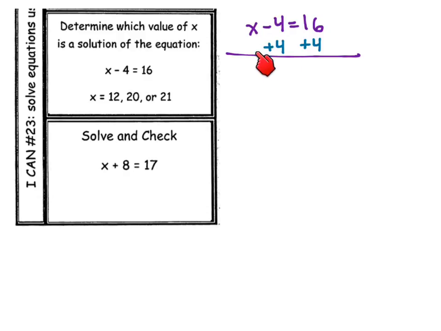Nothing is happening to x. I have no like terms to combine here, so I have x, just still one x. But now I'm combining these like terms. -4 plus 4 is 0, so we would say that they cancel out. Bring down my equal sign. I'm always going to be working in a line. And now I have 16 plus 4, and that is 20.